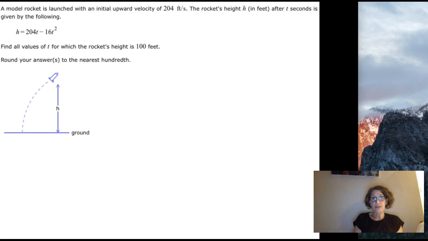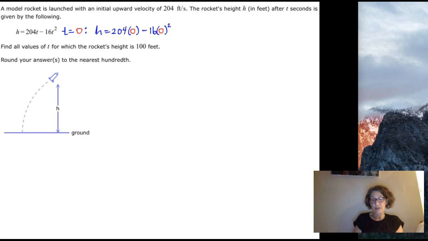And let's see if that's actually true. Initial means t equals 0. So let's take that equation and plug in t equals 0 and see. The height has to be 204 times 0 minus 16 times 0 squared.